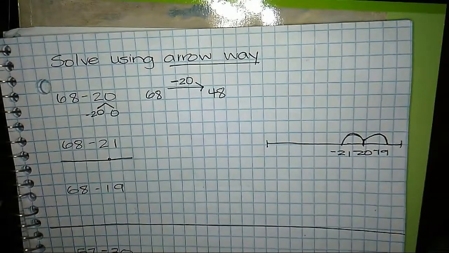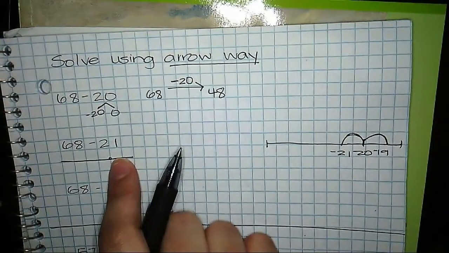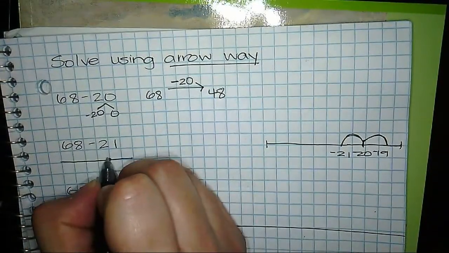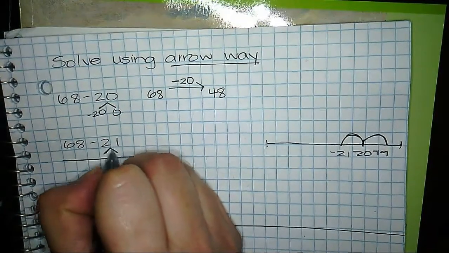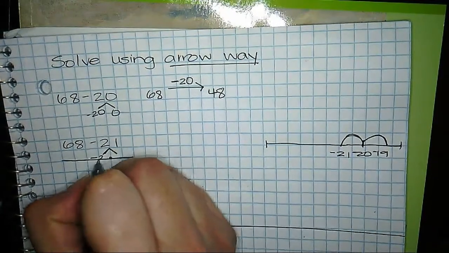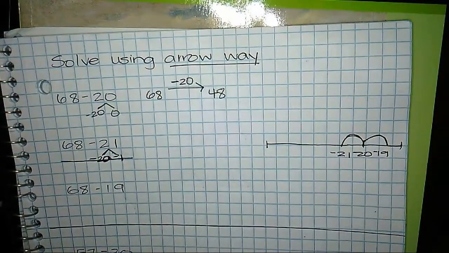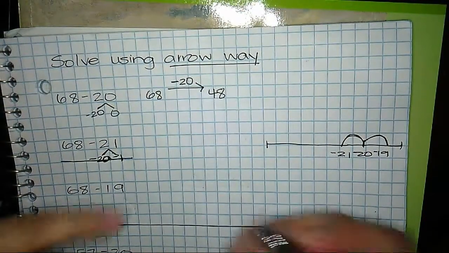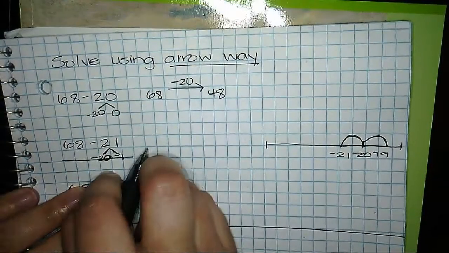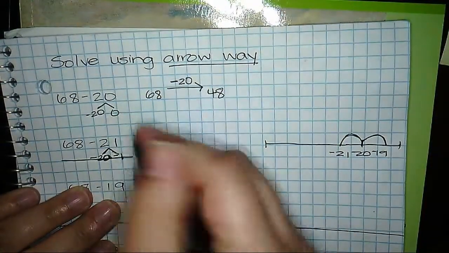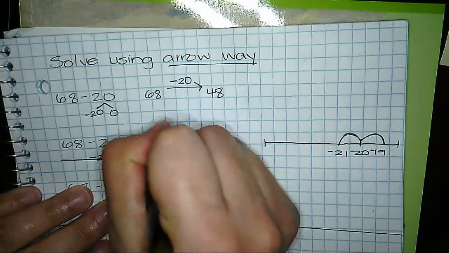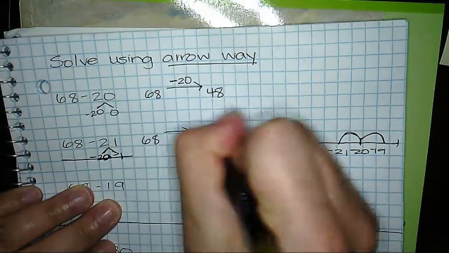So, let's check here. The first step was decompose the number, so I break it apart by minus 20 and minus 1, and that gives you 21. So let's follow the second step, which was write the numbers and the arrows. This time I have 2, so I'm going to have to write 2 arrows.